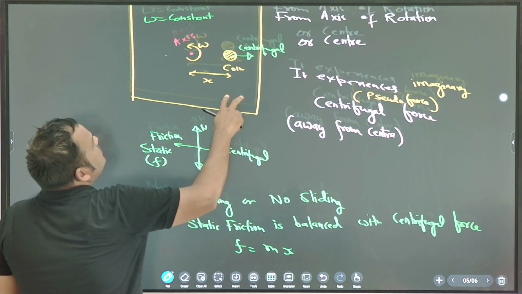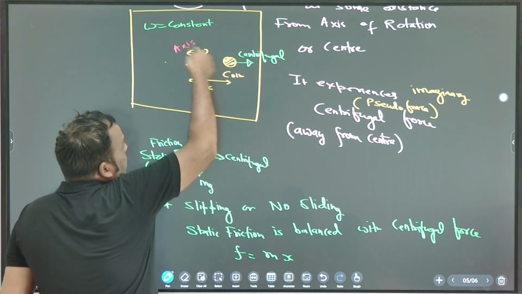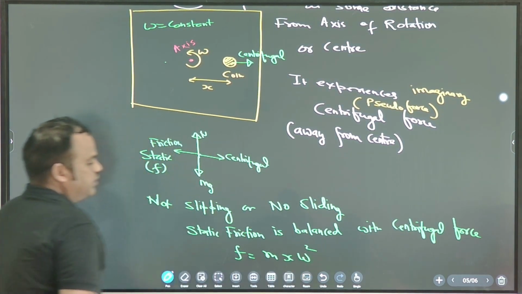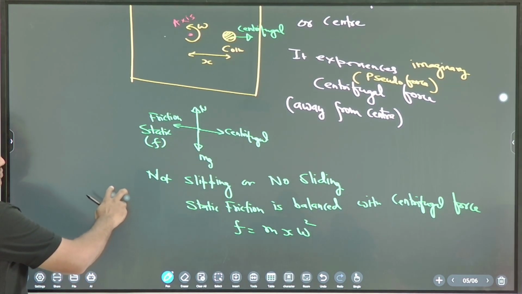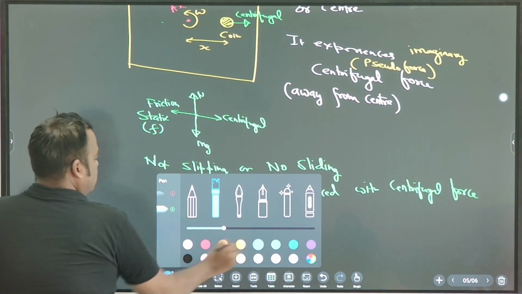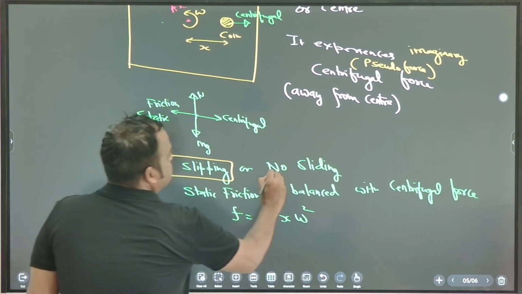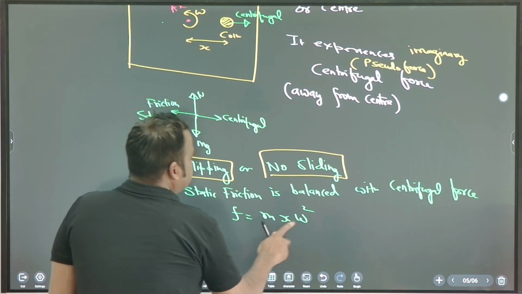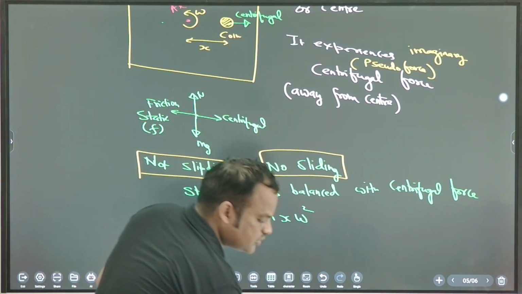What is the radius here? The distance here is x. So m x omega square. Okay, clear? Note down. No slipping, no sliding, so static friction is equal to centrifugal force.